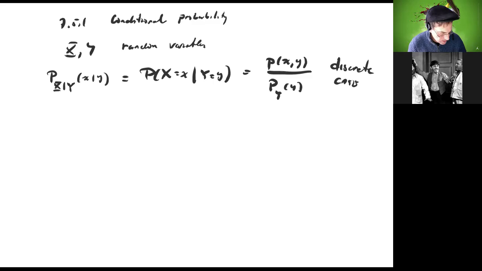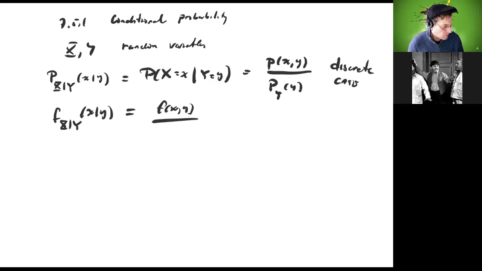And in the continuous case, we have the corresponding density function, given by f of x, y, the joint PDF, over the marginal PDF. And this was actually defined way back when.